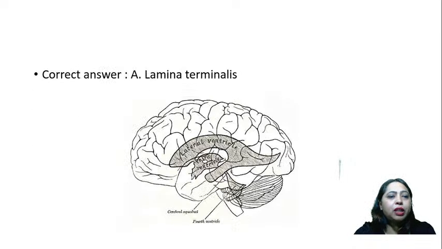Okay, let's go to the answer itself. Lamina terminalis. The answer is lamina terminalis. It is A. So you can see the third ventricle.